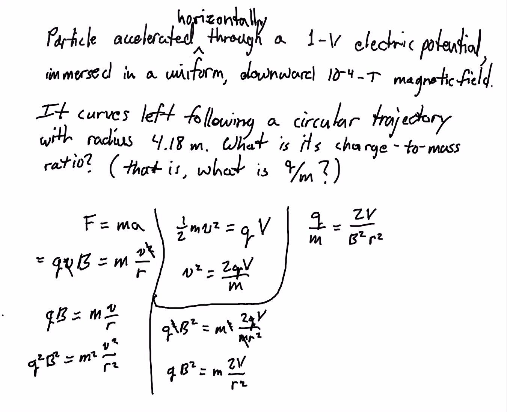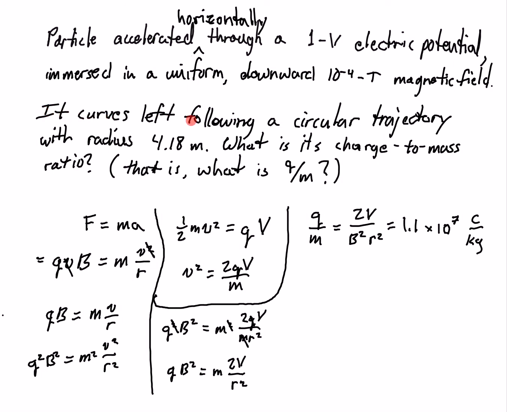Wonderful. Everything's already in standard international units. The radius is in meters, the B I gave in Tesla, and the voltage I gave in volts. So there are no unit conversions that need to be done. We can plug in numbers. I found 1.1 times 10 to the 7, and that's in coulombs per kilogram.